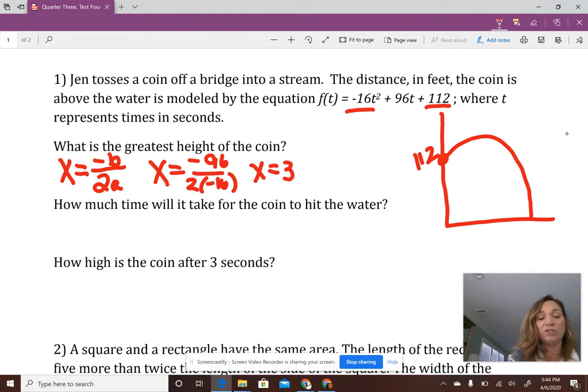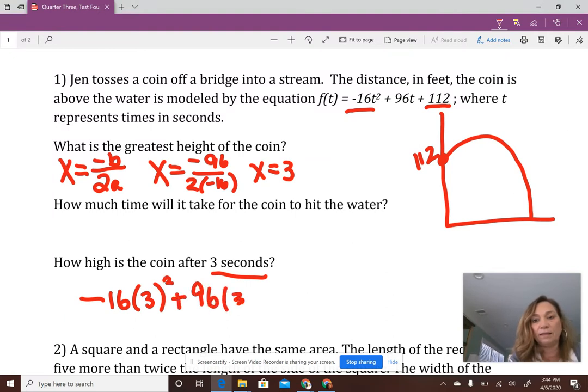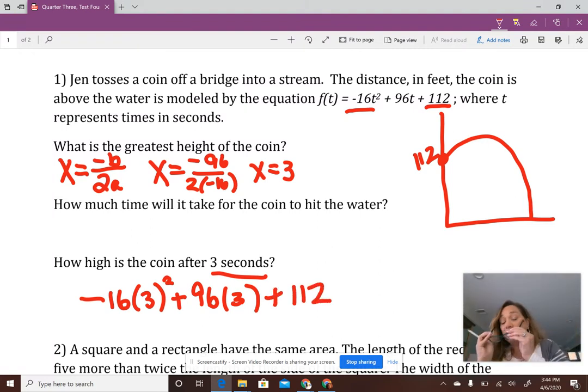So I'm actually going to do the work a little bit lower because it actually asks a very similar question. What is the height after 3 seconds? And this is going to give me the answer to both parts. So I'm going to plug in a 3. And I should get 256.